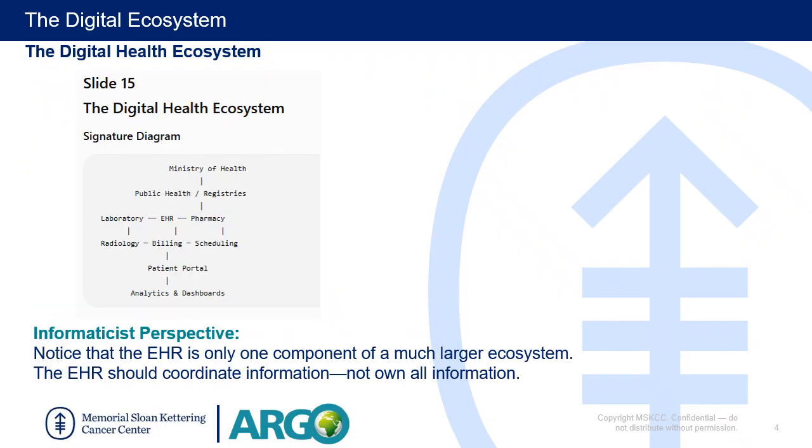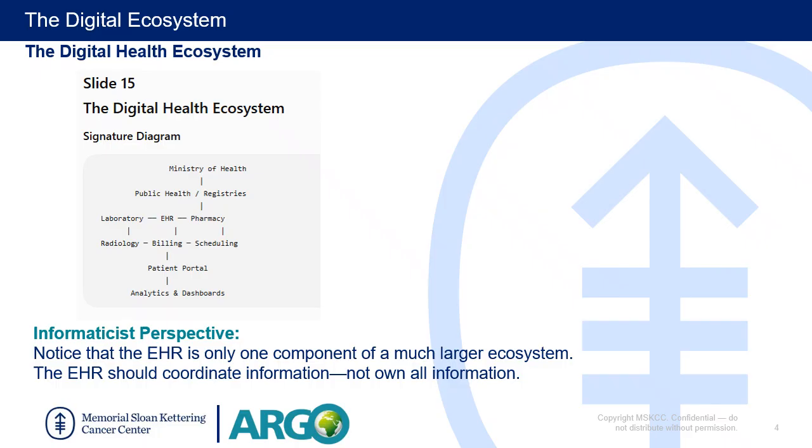I'd like to point out from the visual on your screen that when we talk of digital health, everybody believes the EHR is the be-all and end-all of our digital health applications. But looking at that diagram, you can see that the EHR is only one component of a much larger ecosystem, and that should be emphasized, right?